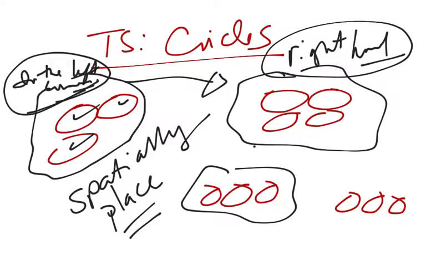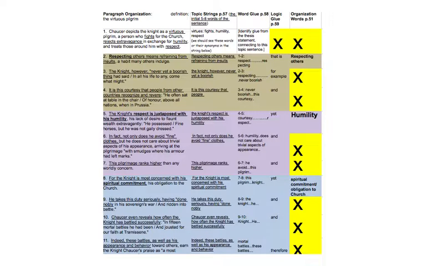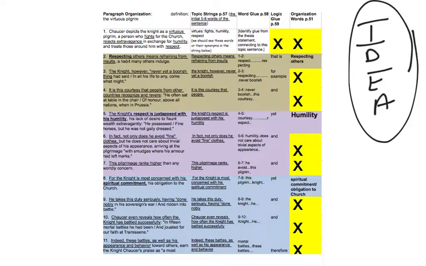Okay, let's take a look at some paragraph chart examples. These are the sample paragraph charts, and the first example here is organized by idea. If you look at the colors, you'll see that the key idea in this paragraph is defining a virtuous pilgrim.